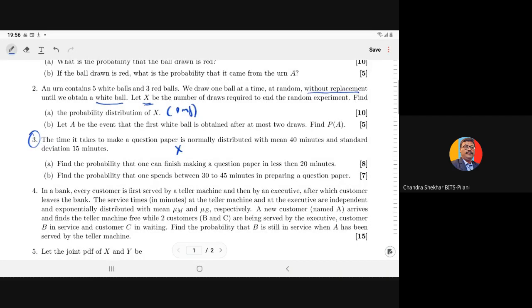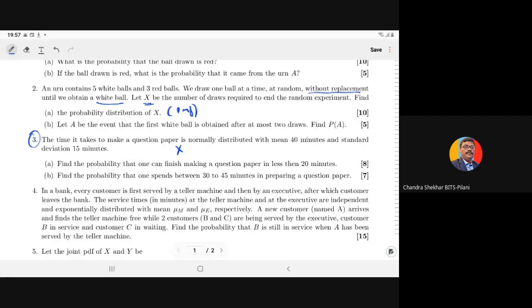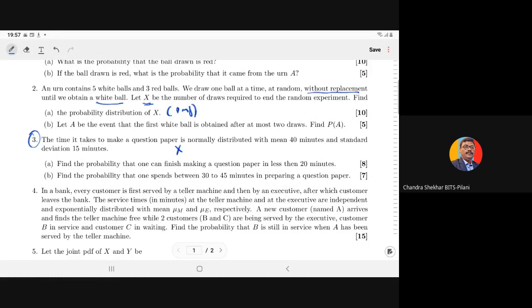Find the probability that one can finish making a question paper in less than 20 minutes. In part B, find the probability that one spends between 30 to 45 minutes in preparing the question paper.